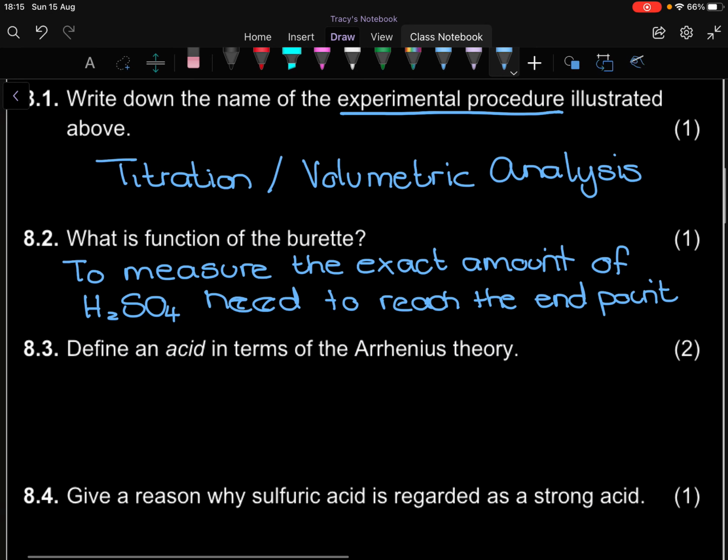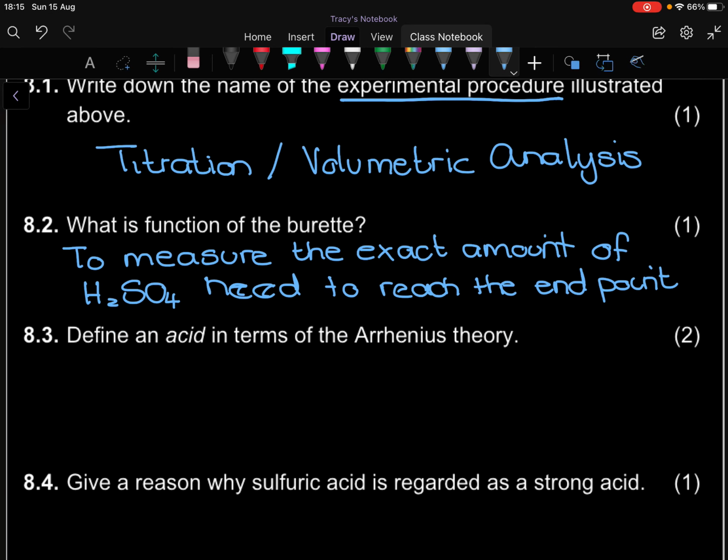Okay. Then they want, define an acid in terms of the Arrhenius theory. Now, it seems like a lot of questions I've done lately have got this. Please don't take it as a given that that's what you're going to get in your final exams.